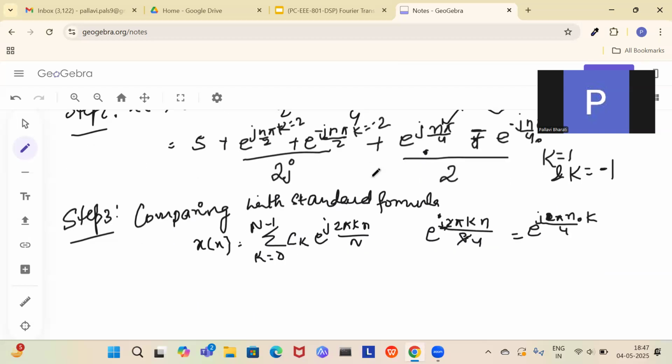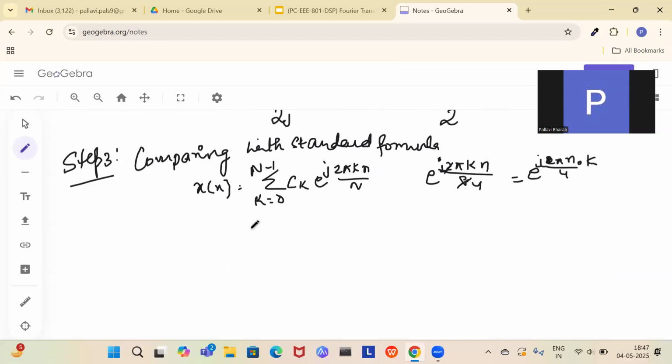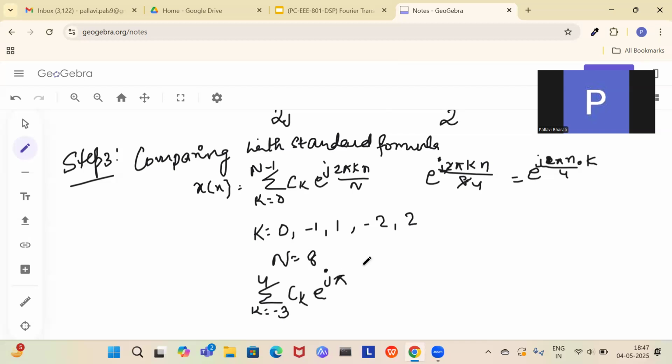Now, the things that we need to incorporate are k equals 0, minus 1, 1, minus 2 and 2, and capital N is equal to 8 for us. So we will take the same thing, the interval k equals minus 3 to 4, c_k e to the power j pi n by 4 into k.